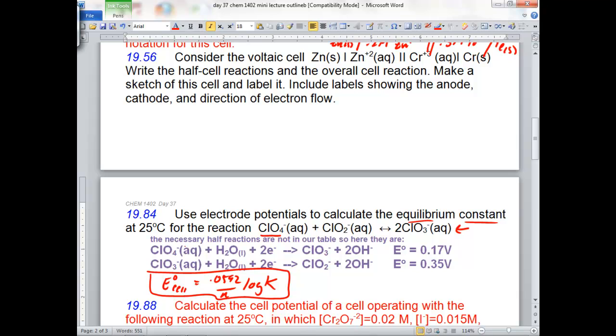If you flip the bottom one, then that ClO2 minus becomes a reactant, and that's what you want. You don't need to flip them and cancel electrons and stuff, you just have to realize which one to flip. Get your E0 cell, plug it in, plug in your number for N, and solve for K.